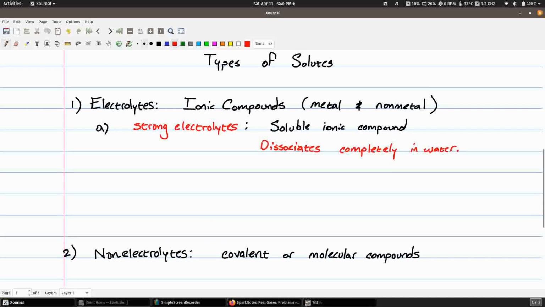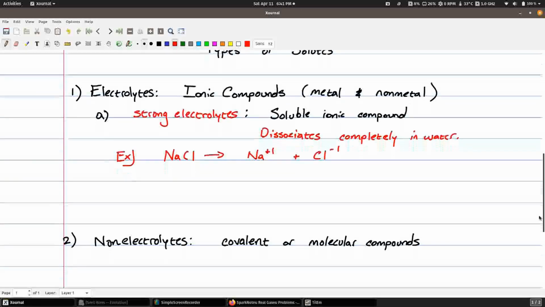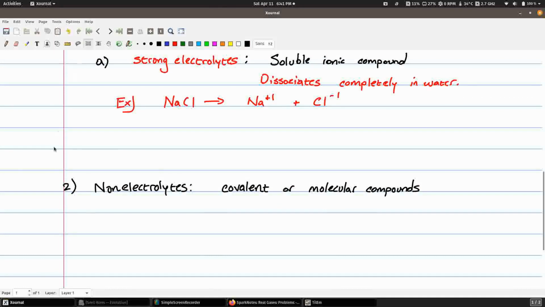So for your example, you have NaCl turns into Na plus 1 plus Cl negative 1. I'm going to have to move this down just a tad so I have room for the other one.